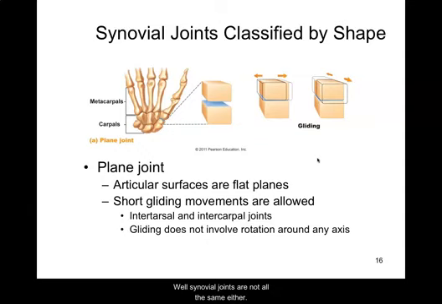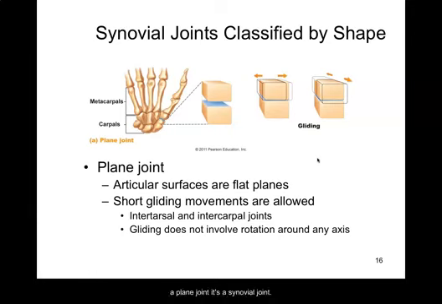Well, synovial joints are not all the same either. We classify these by the shape of the articulating surface. It turns out that the shape of the two bones that are articulating are going to mostly influence the degree of motion, the type of motion that's allowed. So remember, all of these joints are classified as diarthrotic.